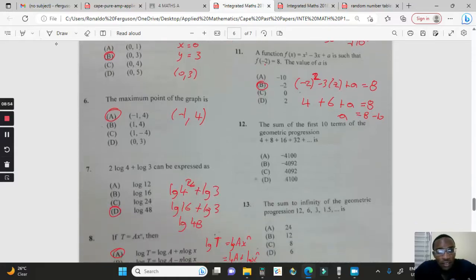Number 12. It says the sum of the first 10 terms of the geometric progression. Keep listing them out: 4 plus 8 plus 16 plus 32. Next is 64. Then we notice we're multiplying by 2: 128, 256, 512, 1024, and 2048.